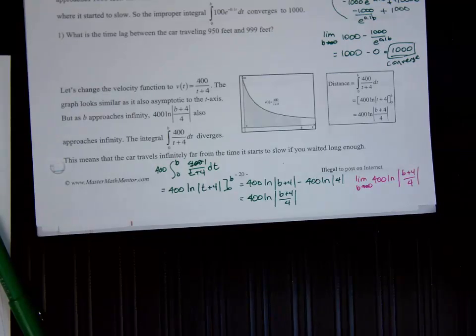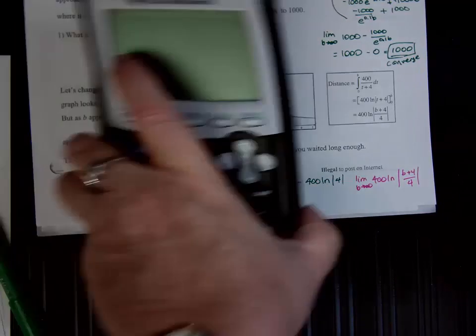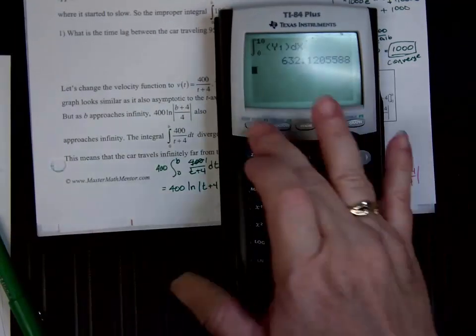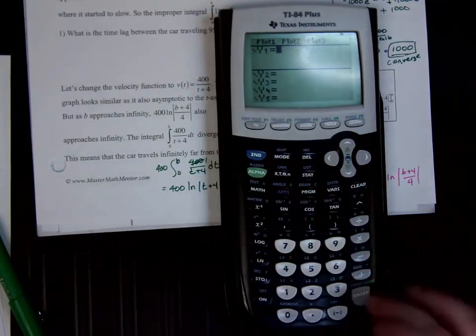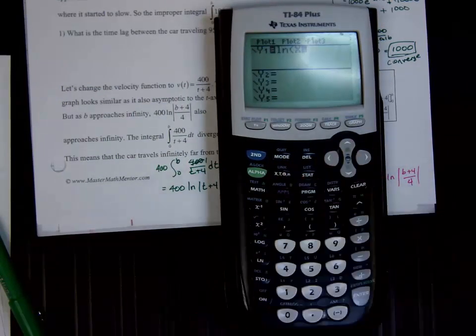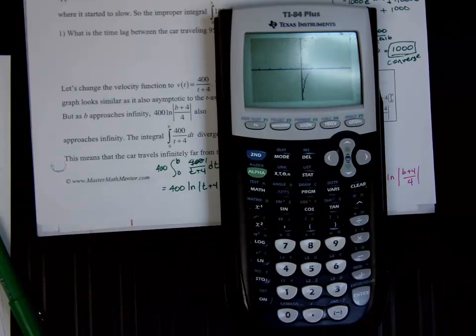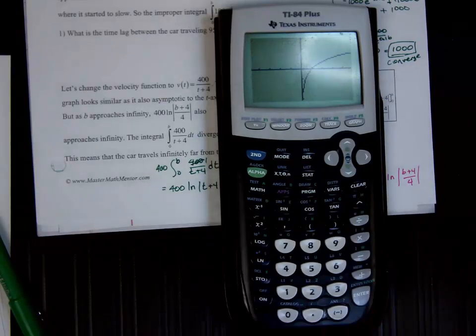Do you remember what ln looks like? Take your calculator real quickly. Go to y equals and type in ln of x. And do a zoom 4, please. As x approaches infinity, what is y doing?